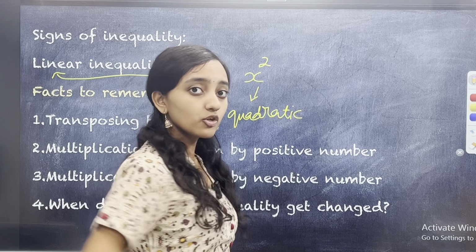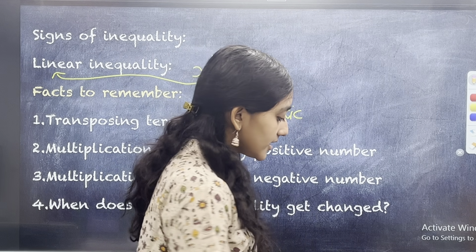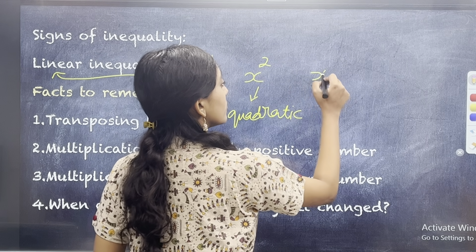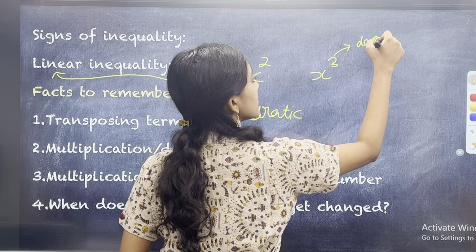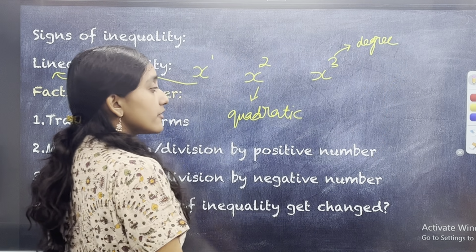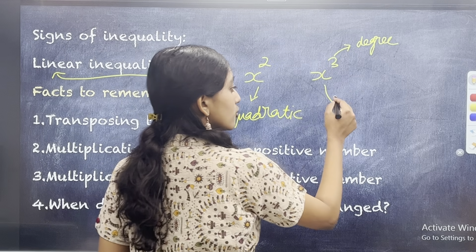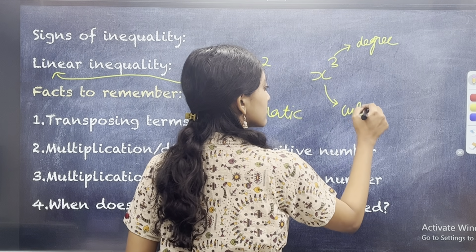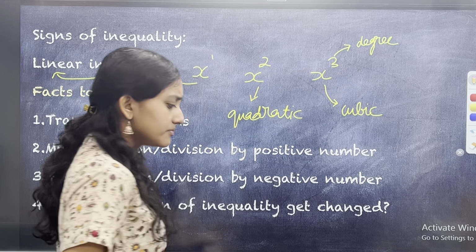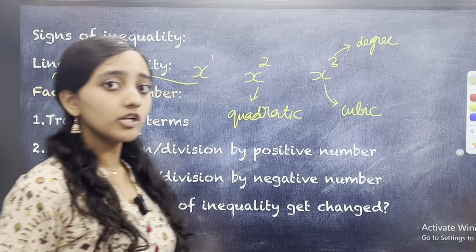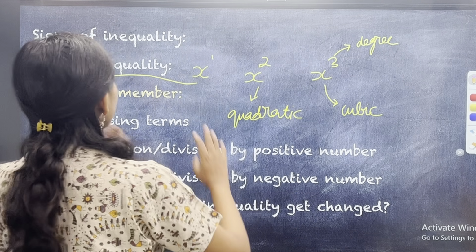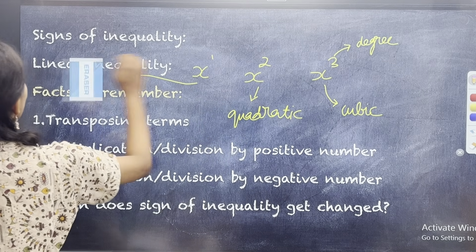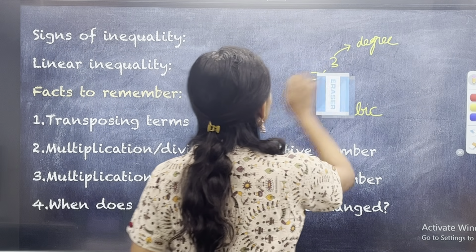This is something you will be using in your next chapter. If you have something with a degree 3, you know it is cubic in nature. You will later on learn all of this in more detail in the chapter on polynomials. So for now, I only want you to know we are talking about linear inequality.